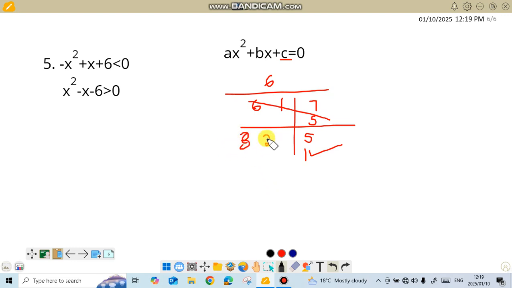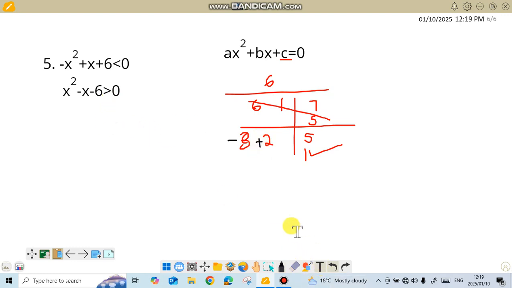One will be positive, one will be negative. So we need to know which one is negative, because that's what c is telling us, right? So the bigger value will take the sign of the middle term. The middle term is negative 1, so the bigger value will take the negative sign. 3 is bigger than 2, so 3 will take negative, and therefore 2 will take positive.